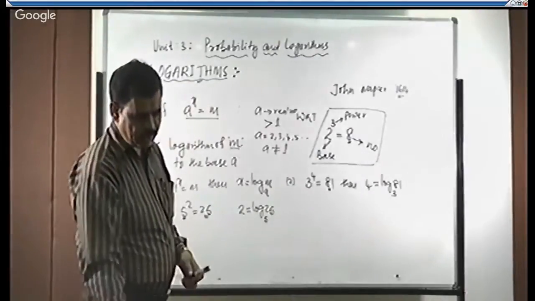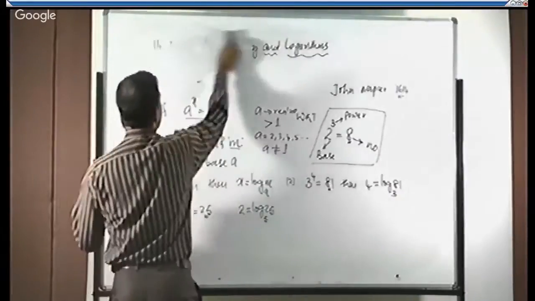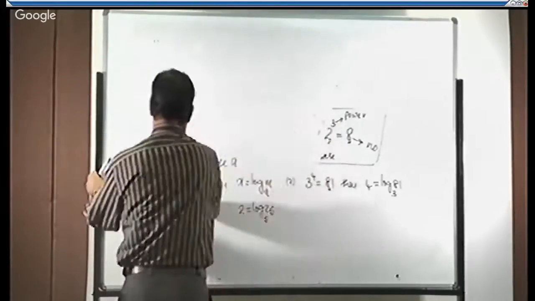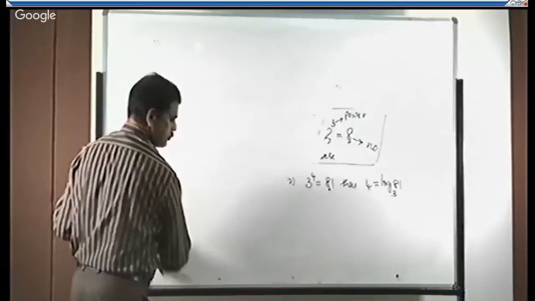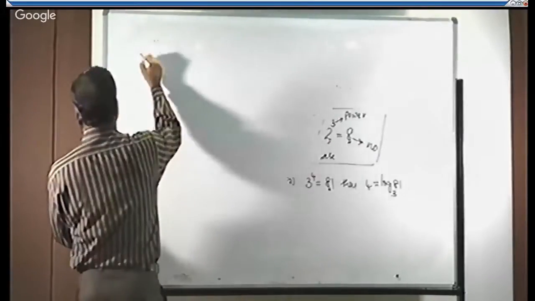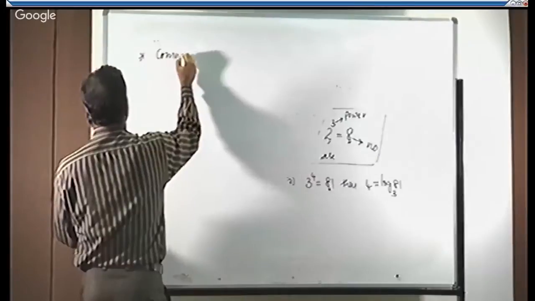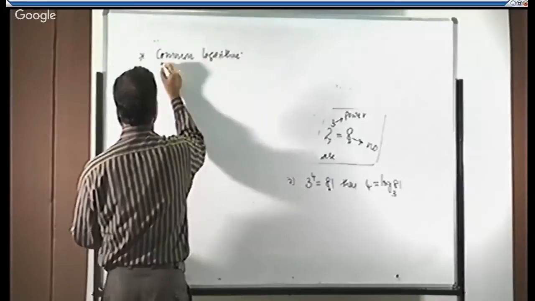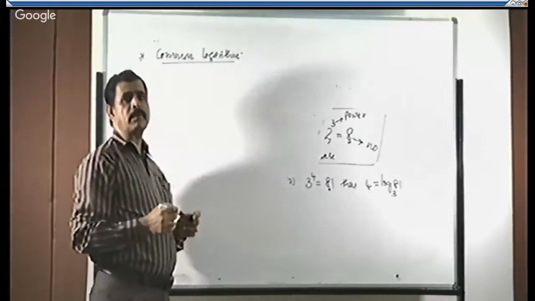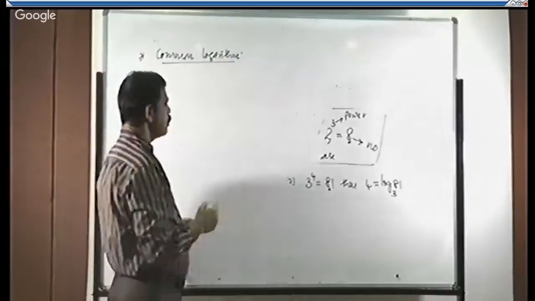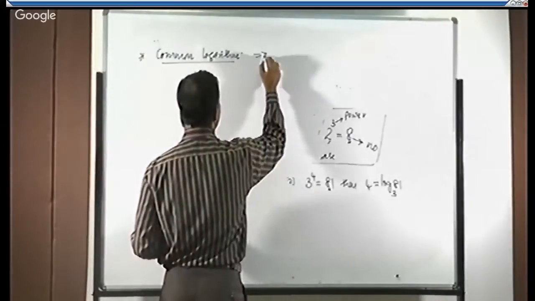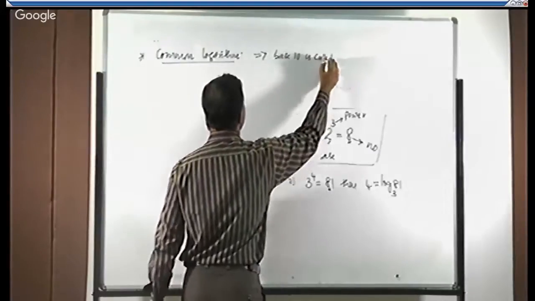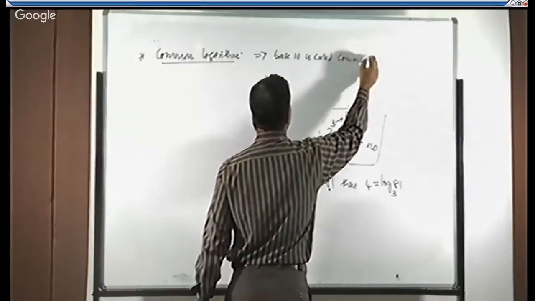There are two types of logarithms. Common logarithm: the logarithm having the base 10 is called common logarithm.